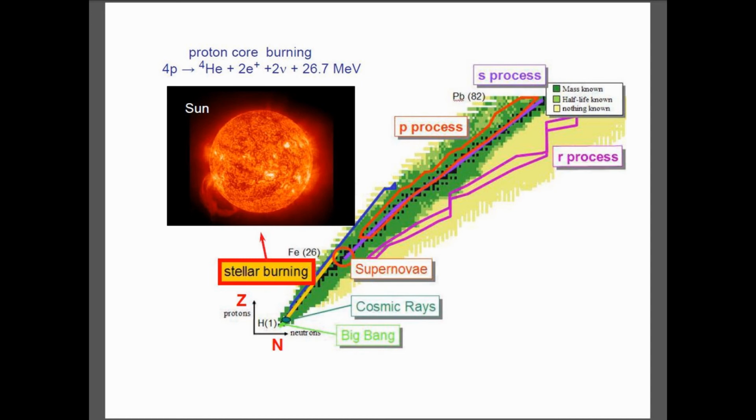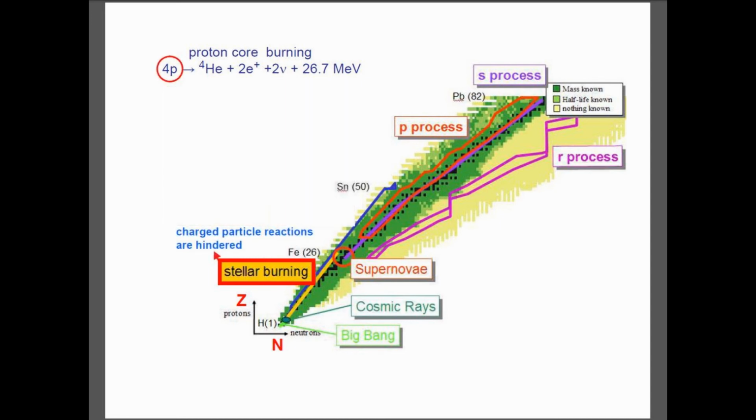But what was not understood is how that possibly can be, because to make a reaction like that, these 4 protons, of course, do not burn in one step. It's different steps. But we have to make a reaction between 2 protons, which are charged particles, and they cannot really get close or make a reaction if they don't have enough energy. And they don't have enough energy.